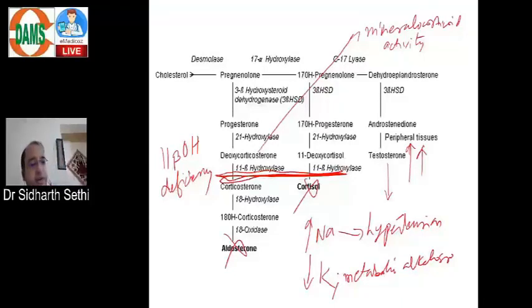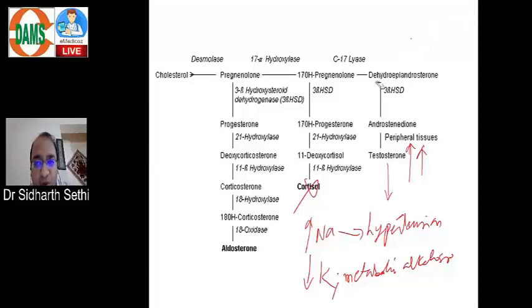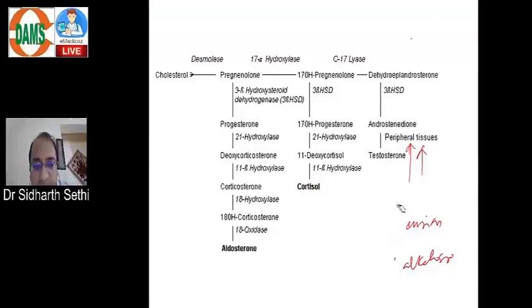That typically occurs in 11-beta and 17-alpha hydroxylase deficiency. Suppose I erase it for you. So I said number 1, hypertension is seen in 11-beta hydroxylase deficiency. Now let's look at 17-alpha.